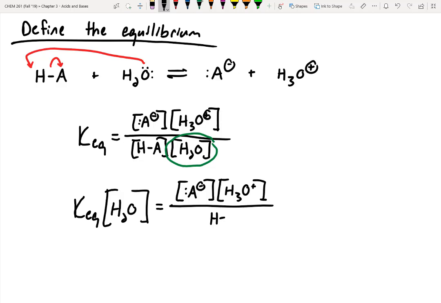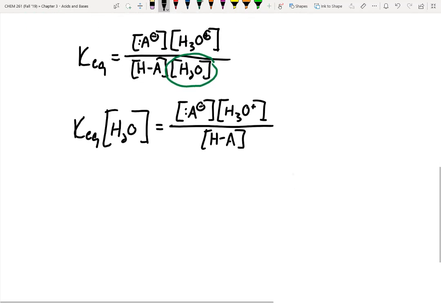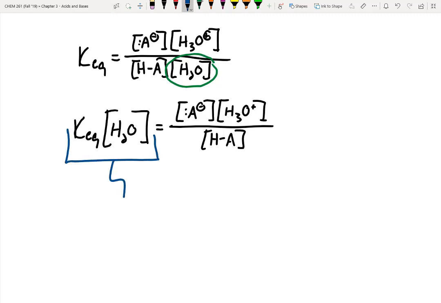And we would still have HA on the bottom. So just doing some basic algebra. The cool thing is we condense this down into a new value that's just called Ka. So it's what we look at whenever we're working with acids.